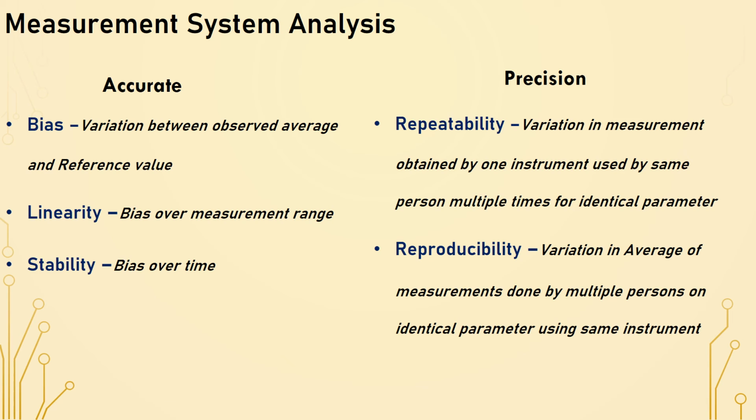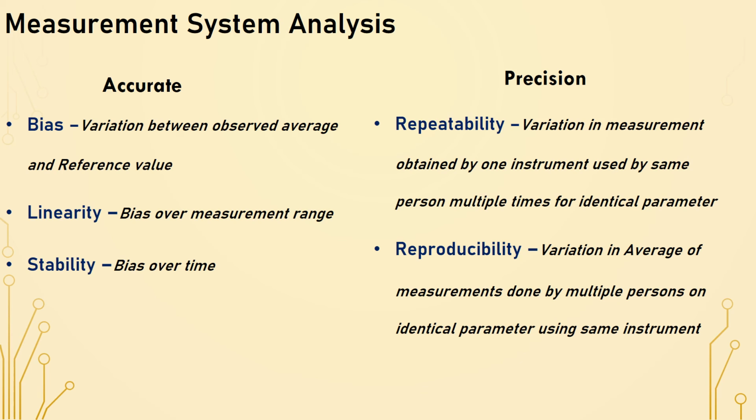Bias over the measurement range is called linearity. Like we have seen for 5 mm, 0.2 was the bias error. The same instrument is used to check 10 mm, 15 mm, 20 mm, all across the range of the instrument. At each and every stage that bias value is noted, and that is further calculated into the linearity, which is graphed and calculated further.